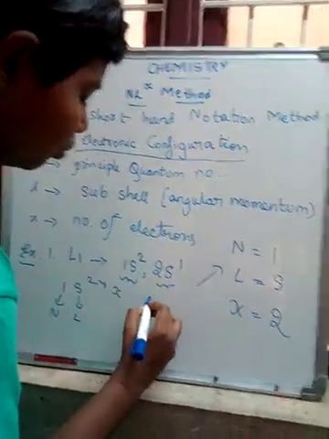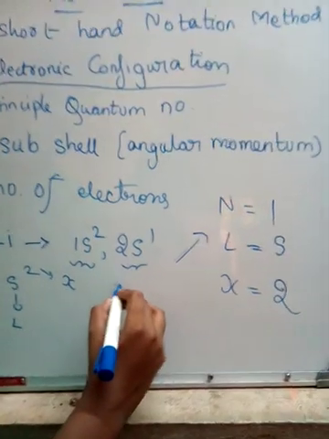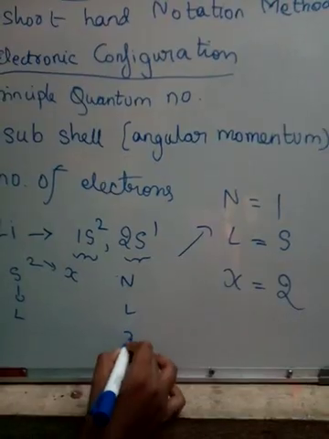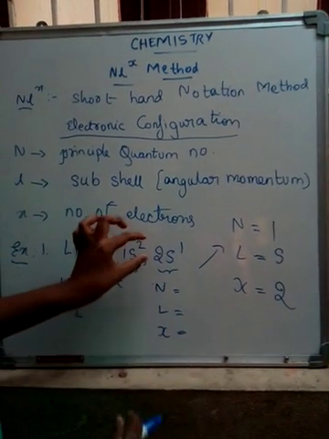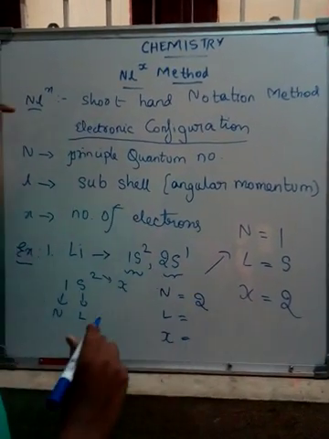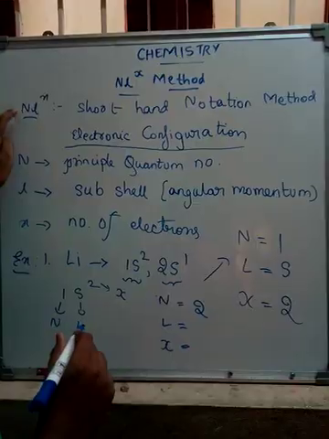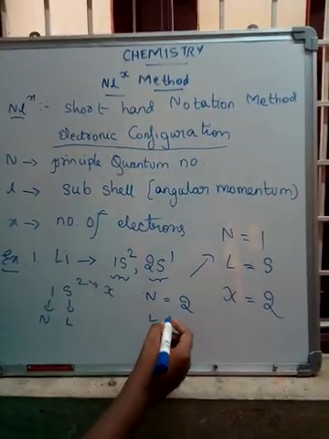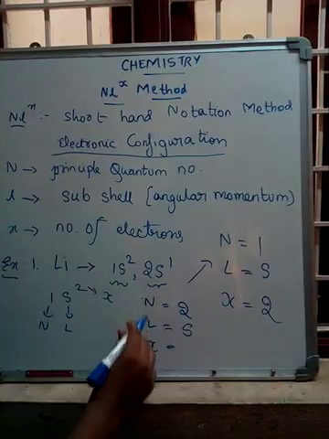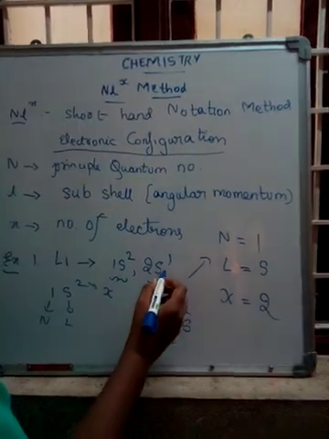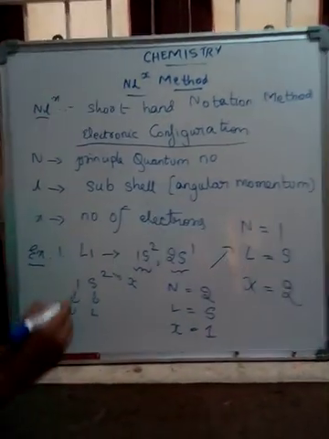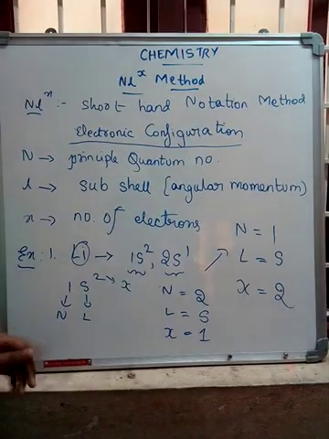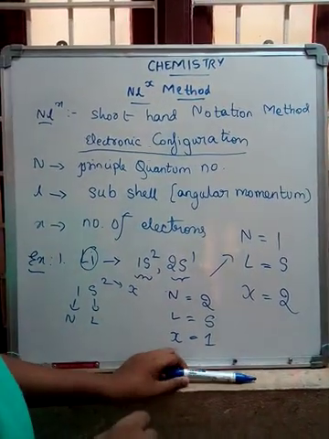Same as for 2s1, we can write NLX: N indicates 2, L is S, so S subshell, and the number of electrons here is 1. This is the lithium configuration in shorthand notation method.